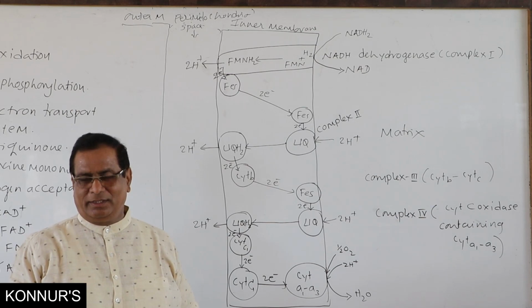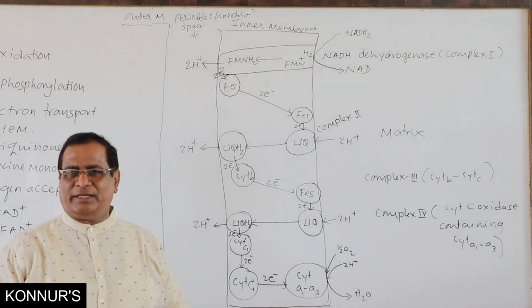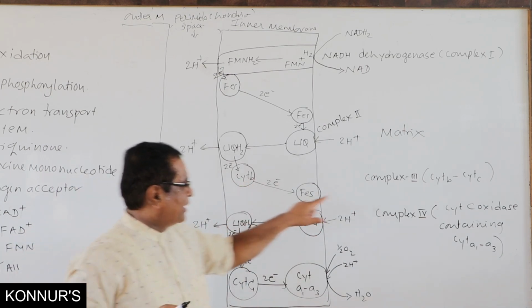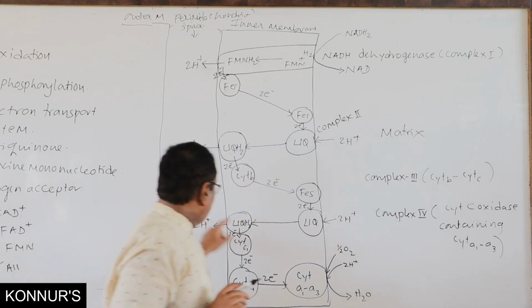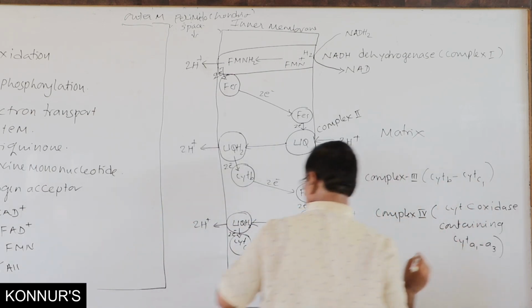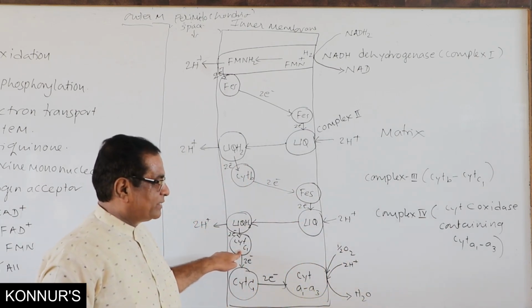Once in NEET, the question was asked, in the electron transport system, complex third. What is complex third? Containing cytochrome B and cytochrome C1. From here to here is complex third.